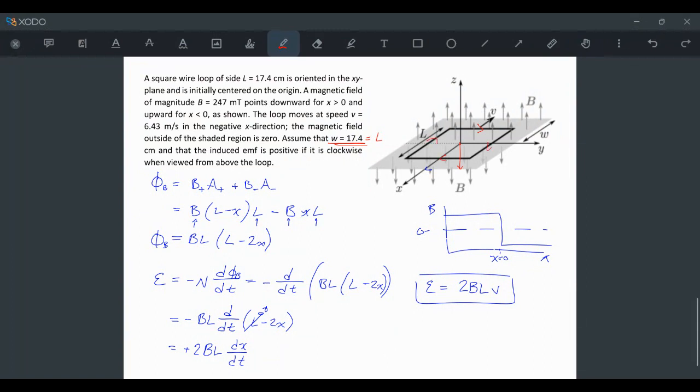So the current will follow an induced EMF that is pointed like this. We're going clockwise around the loop. In the context of the question, when we view from above, if the induced EMF is clockwise, then we say it's positive.